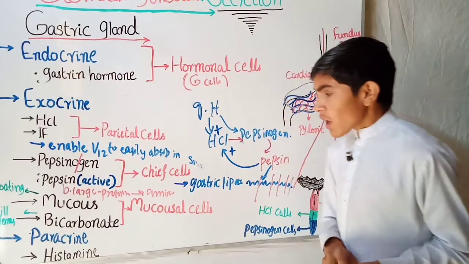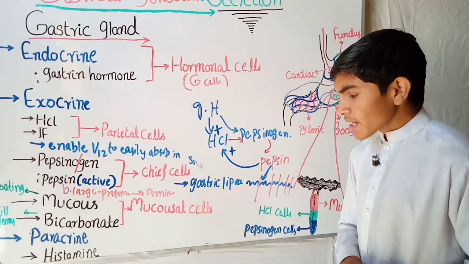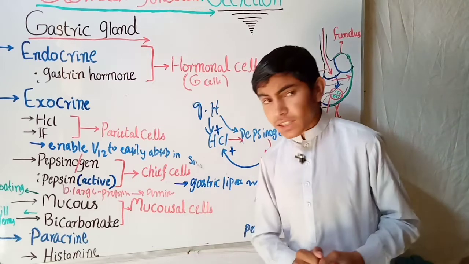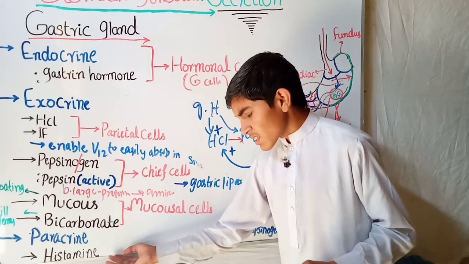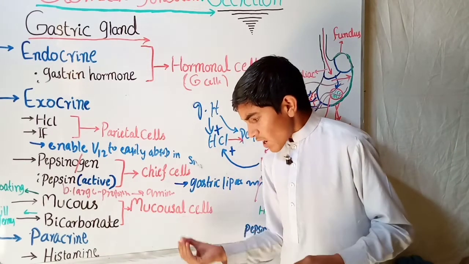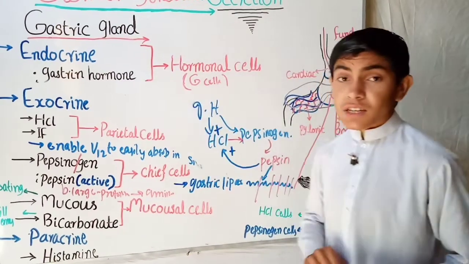And the third one is the paracrine. The paracrine is mainly involved in the secretion of histamine. Histamine is a chemical that stimulates the secretion of HCl.